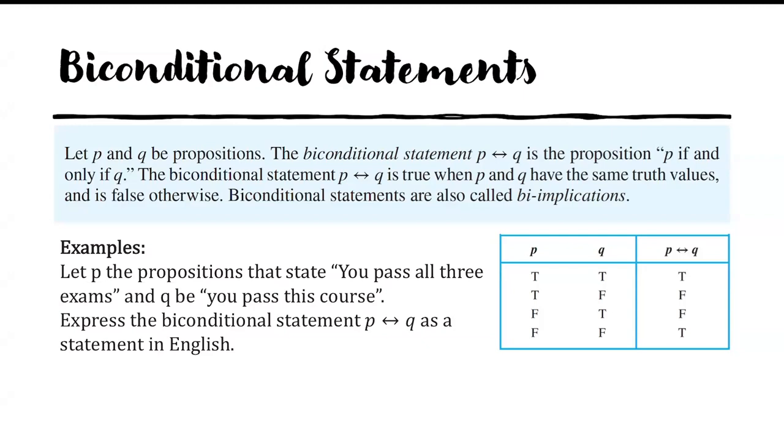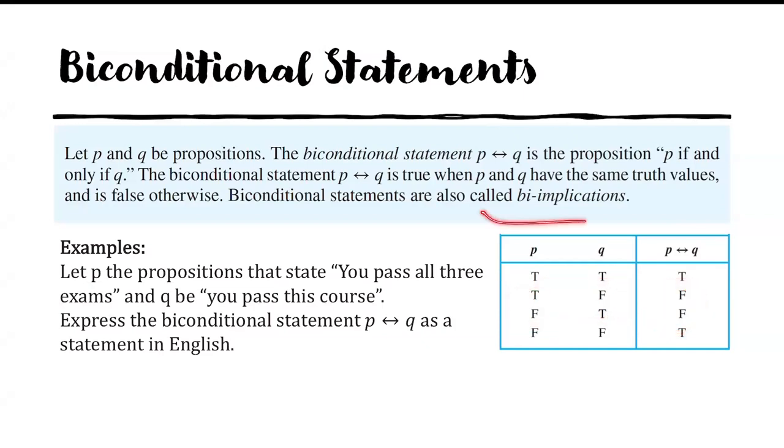The biconditional statement is also known as bi-implication. If you look at the if and only if statement, it is true when they have the same truth value, which means they are either both true or both false. Now, if they are different, then the truth value will be false.